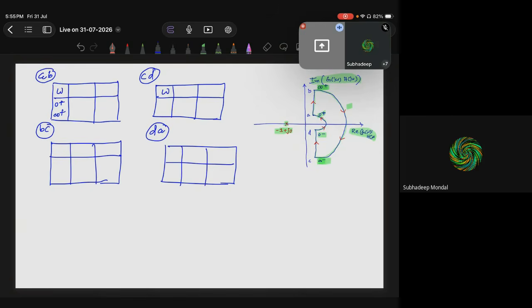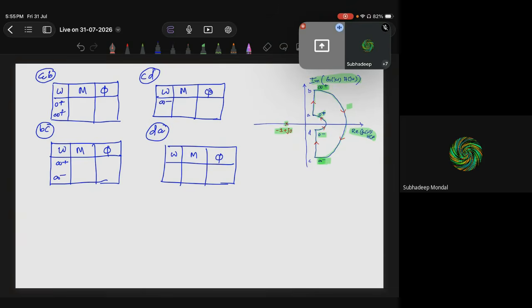So here, M and φ. Let me directly write it. It's not mod M, it's M only. So this is M and φ, and this is ω. What is BC? The BC starting point is infinity plus, and the end is infinity minus. What is CD?